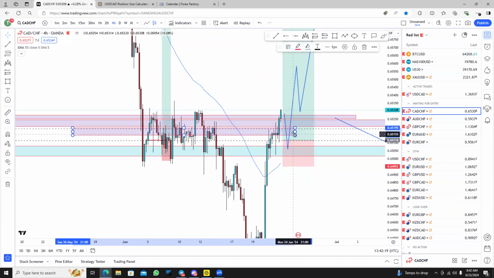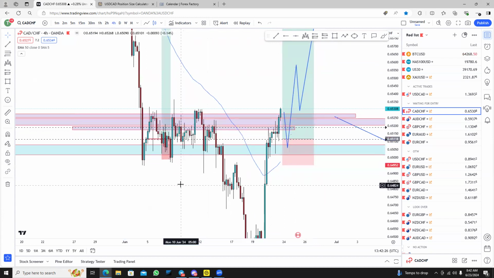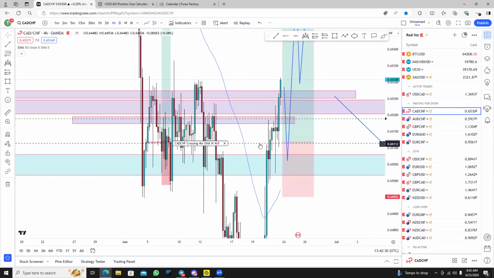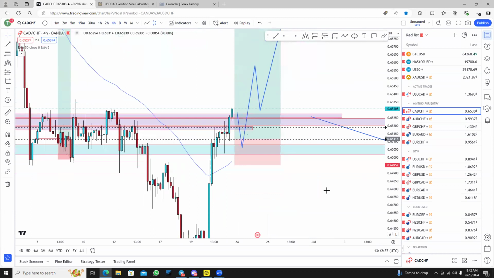Right there. Look at that. Yeah, one, two, three, four. 4 touches. I would like to see it come lower. I want to see it dig deep into here. Quite frankly, yeah, I want to see it dig really deep.